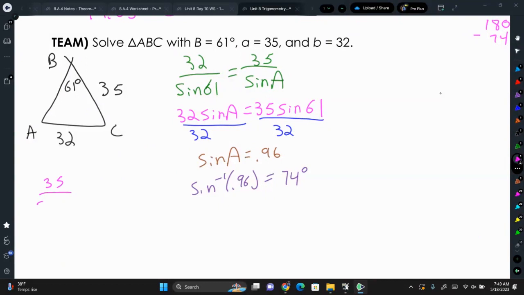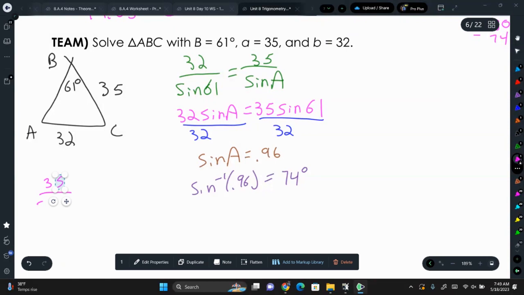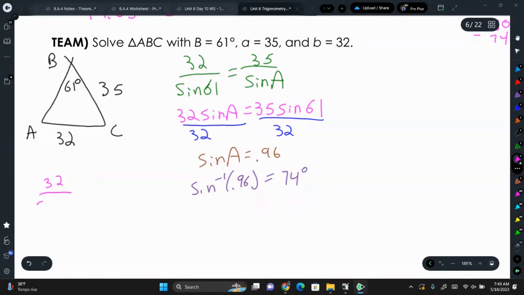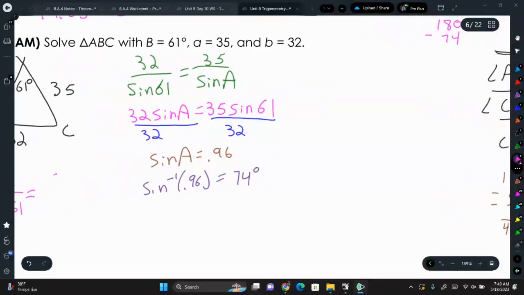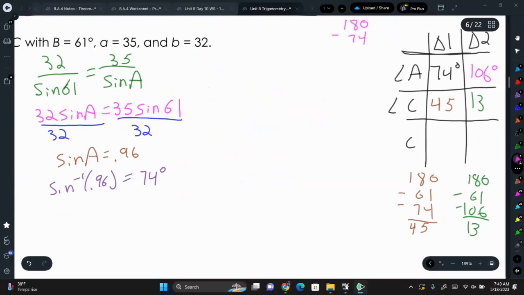32 over the sine of 61 equals, we're trying to find side C, so C over the sine, and in the first triangle, it's 45.